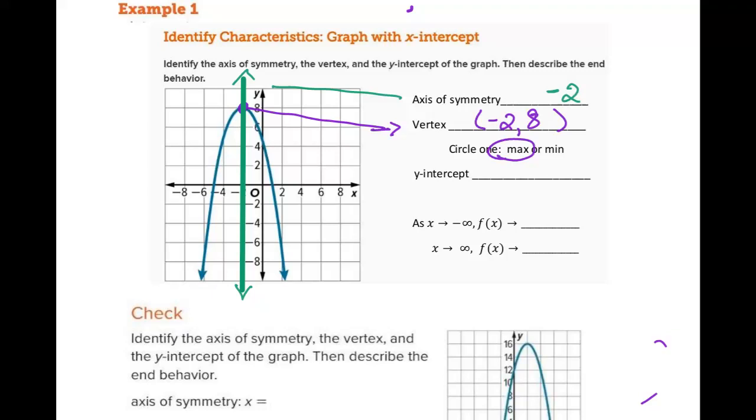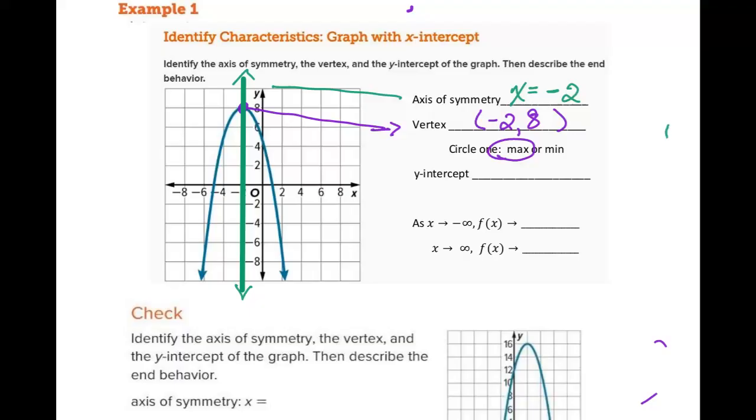We have to say x equals -2. Very good, though. You got the -2. I'm very happy about that. Anytime you have a vertical line, that equation is going to be x equals some number.